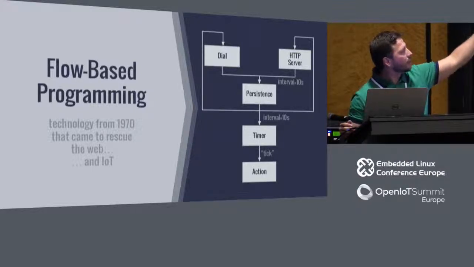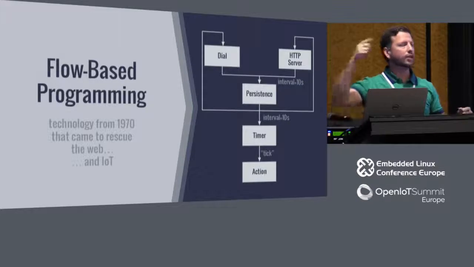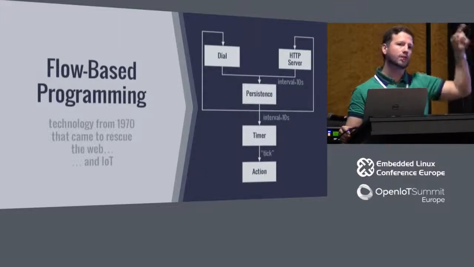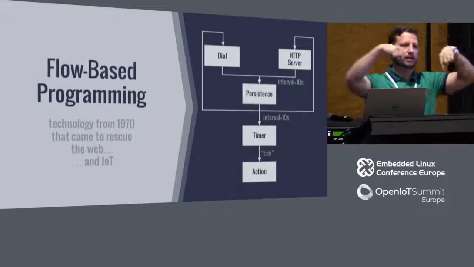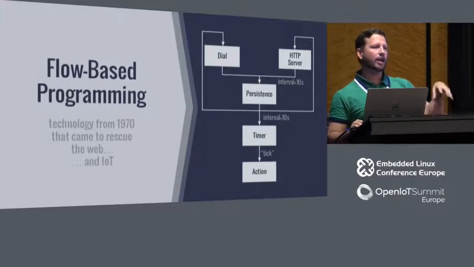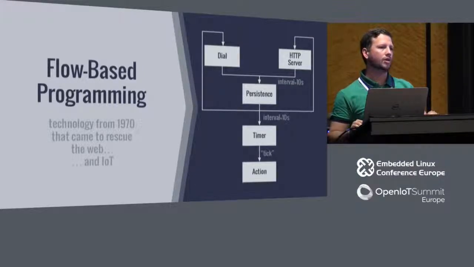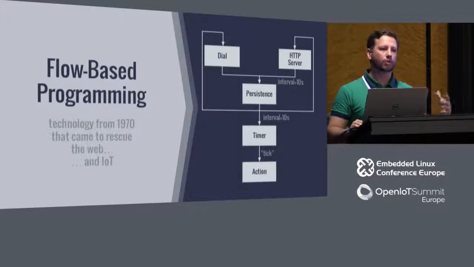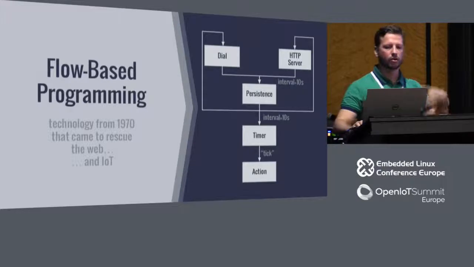The persistent data will come back to the dialer, so it's updated, and to the server, so it's also updated. So you feed back the information, and you also change the timer, so it will use the new value, and the action will tick, okay? So mostly everybody gets that, and it's easy to explain even to non-programmers, like UI designers or your manager.